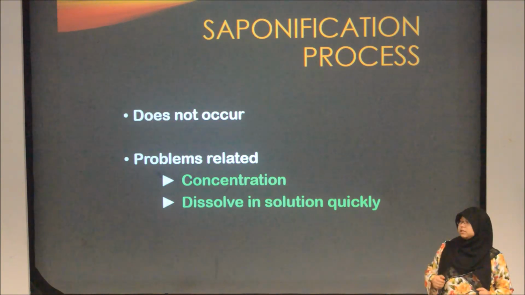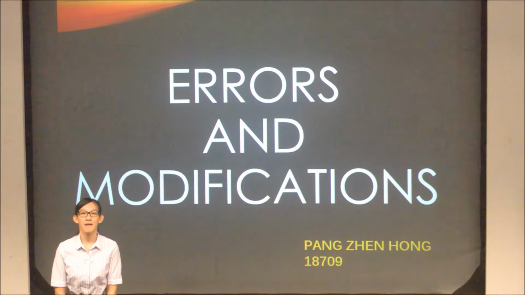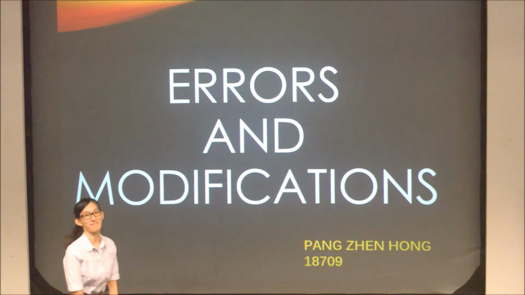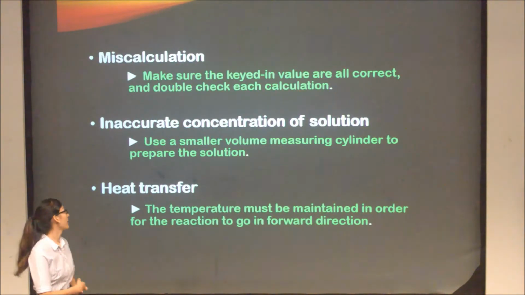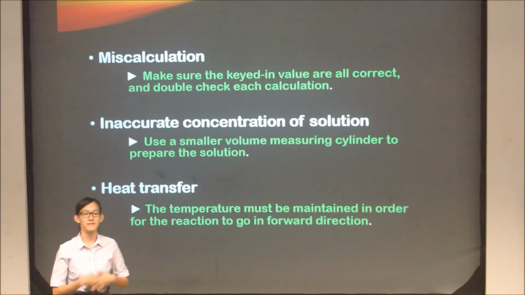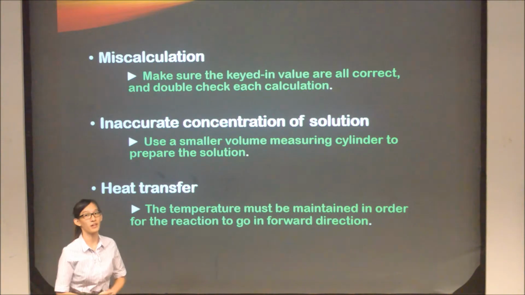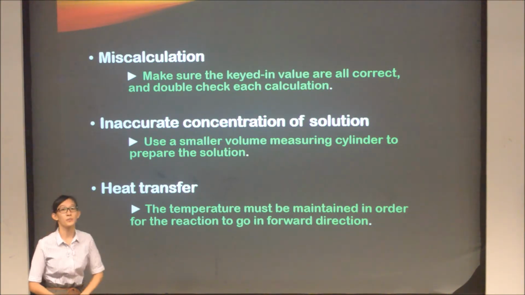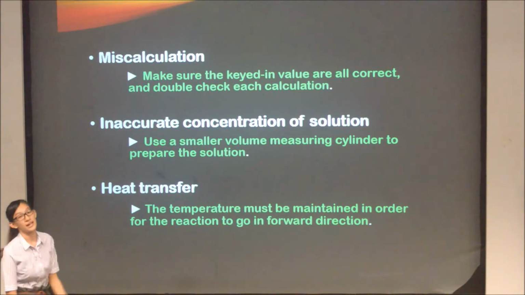Now I will pass the floor to Pam. Hi, I am Pam Zhen Hong. So now I will proceed with the errors and modification. I will talk about the errors in this experiment and give some recommendations on how to get rid of them. The first error in this experiment is a human error, which is miscalculation.